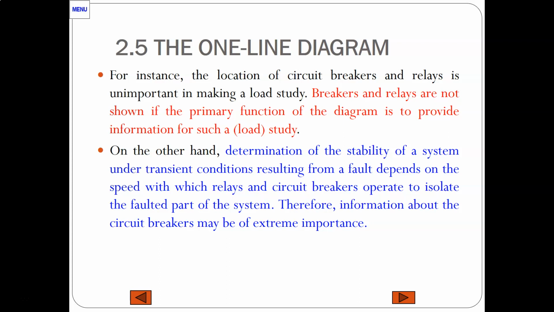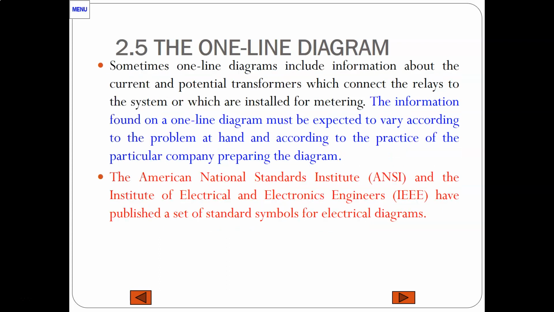So the information about the circuit breakers may be of extreme importance. Sometimes one-line diagrams include information about the current and potential transformers which connect the relays to the system, which are installed for metering. The information found in a one-line diagram varies according to the problem at hand and according to the practice of the particular company preparing the diagram.